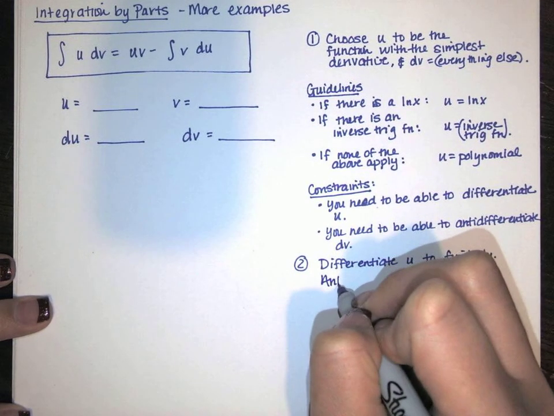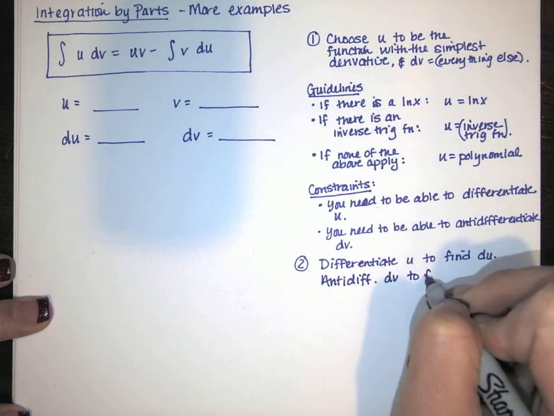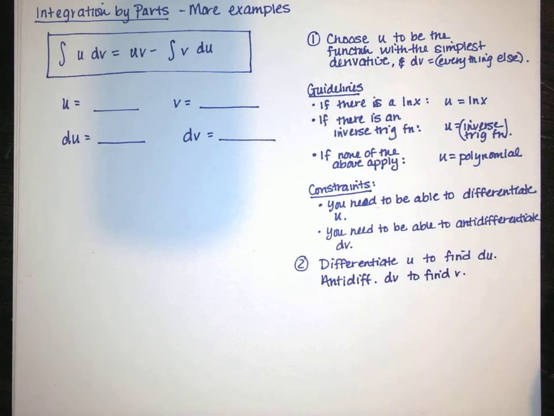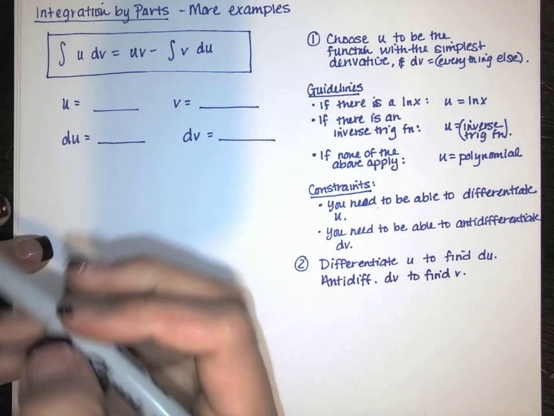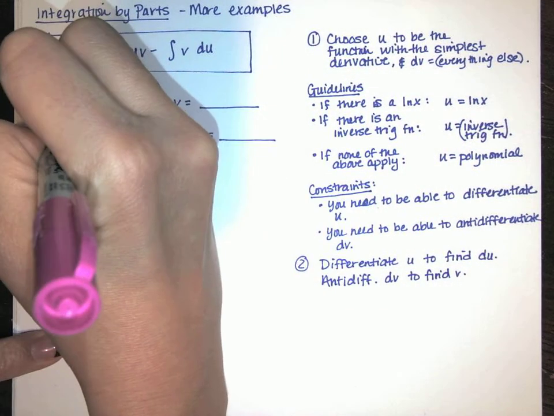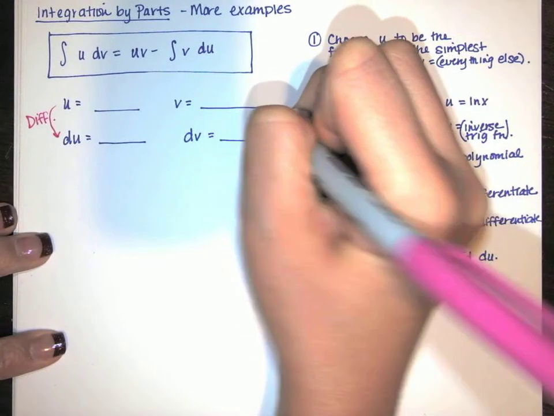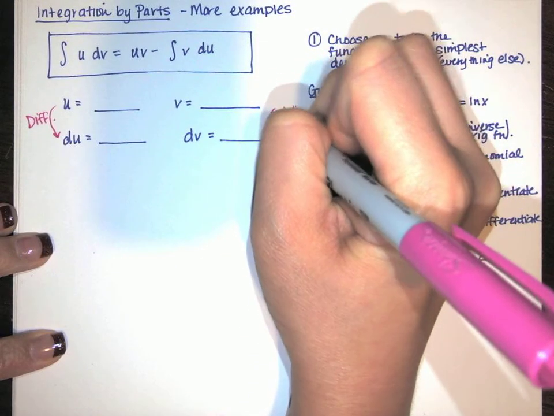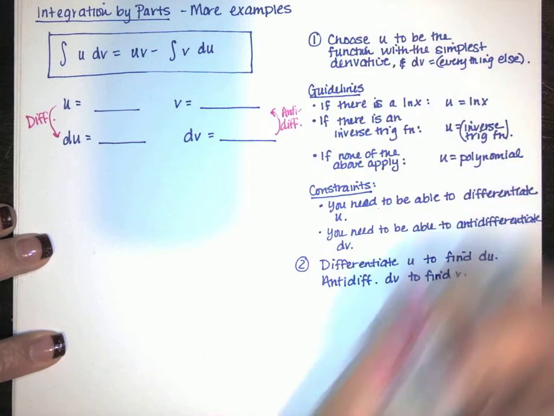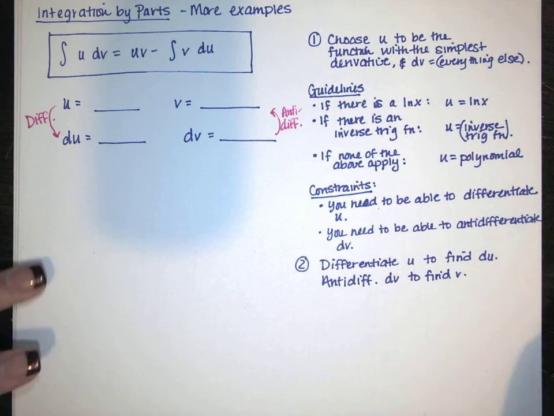And anti-differentiate dv to find v. One of the reasons why I like this setup is you're going to fill in u and dv, and then it's clear. If you're going down, you're differentiating. If you're going up, you're anti-differentiating. So you're going to find those and then fill in your table.